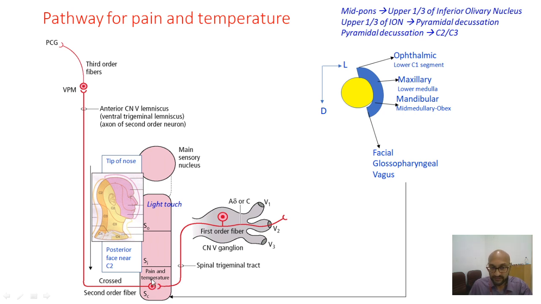Now, this is important because this is the region in the lower lateral part of the medulla that is supplied by the posterior inferior cerebellar artery. And therefore, loss of pain and temperature on the same side of the face is a characteristic feature of the lateral medullary syndrome or the Wallenberg syndrome.